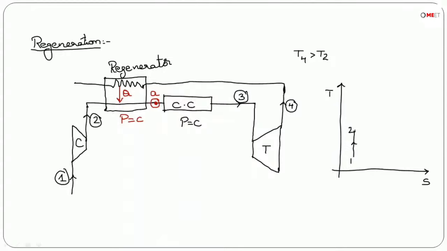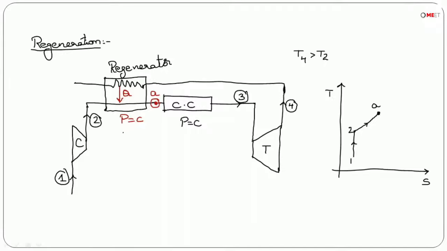See, 2 to A, the temperature of the air is increasing because of the exchange of heat in the regenerator, and this 2 to A process is not external heat supplied, it is just utilization of heat. It is just effective utilization of heat that is usually lost. So what we are doing is, simply we are effectively utilizing that heat in order to heat the air that is entering into the combustion chamber.